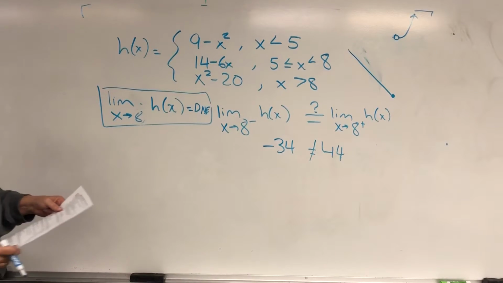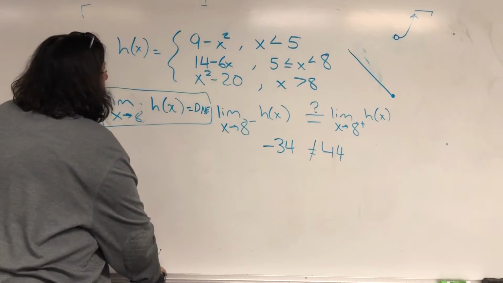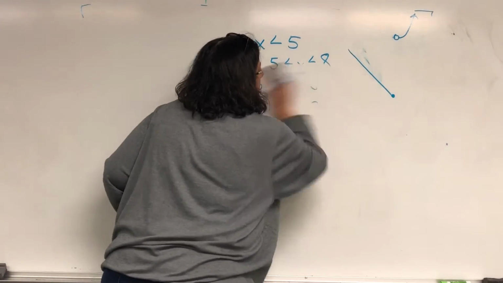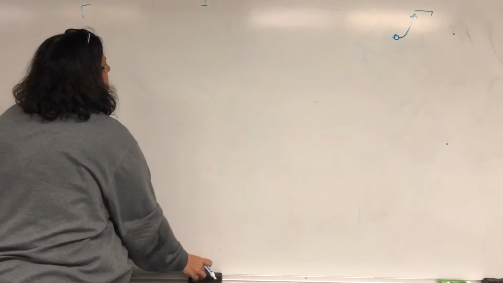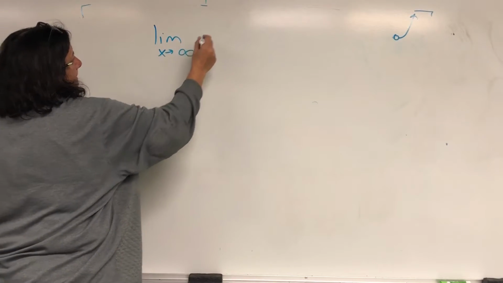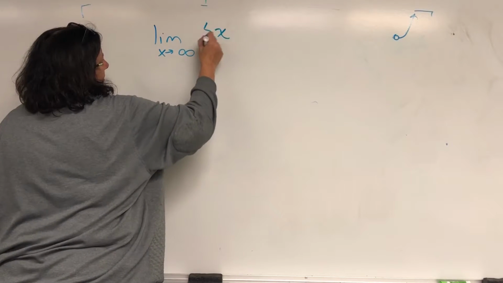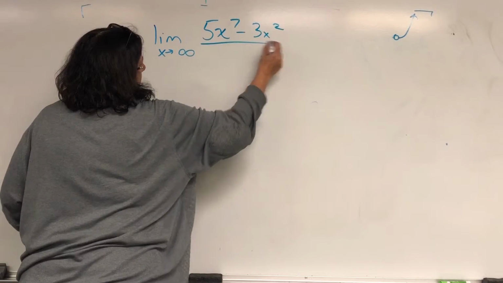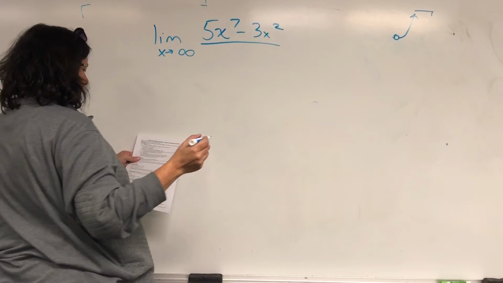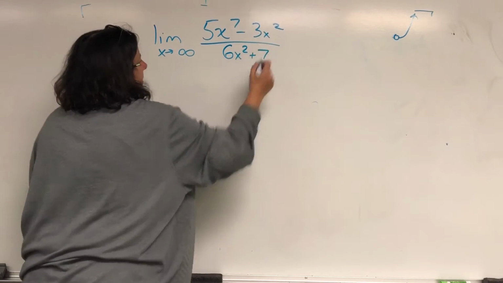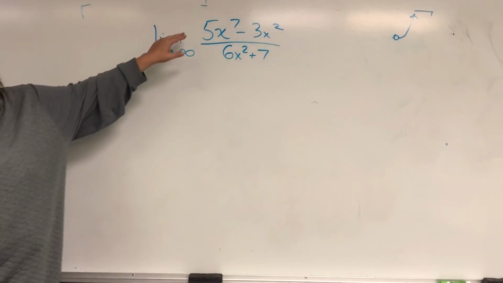Let's talk about limits approaching infinity. So on these, we're looking for horizontal asymptotes. If I want to know, for example, the limit as x approaches infinity of 5x to the 7th minus 3x squared over 6x squared plus 7, then I use some logic.